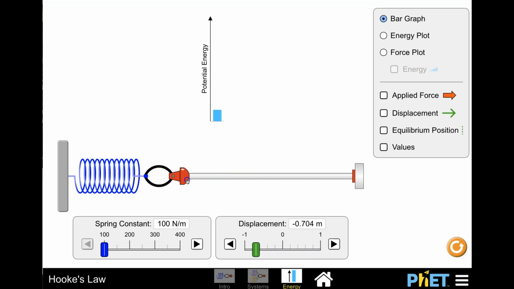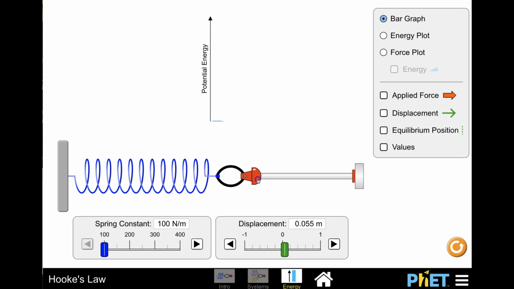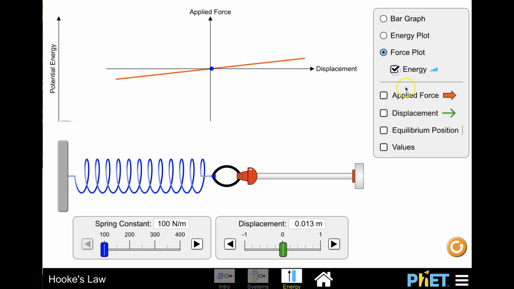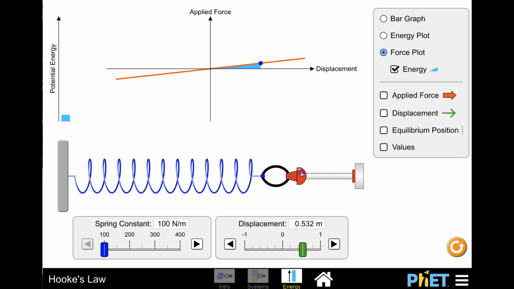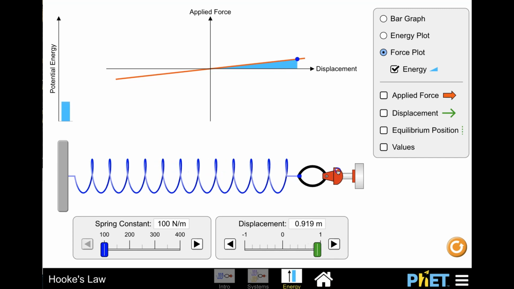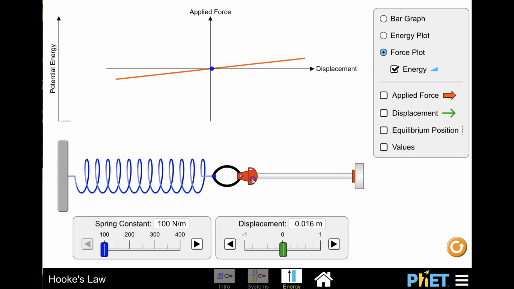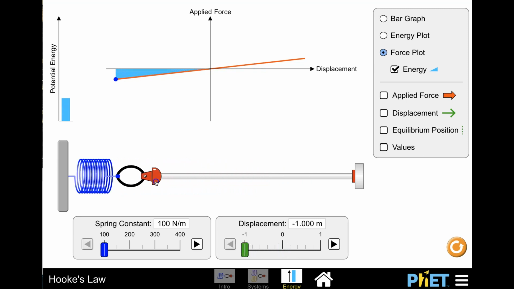As I move this back and forth, you'll see that. The best thing to do here is to change the spring constant and see what happens to the energy. Notice that when I do this, it finds the area under the curve, that blue part, and that's the amount of energy it has. Same thing on this side.